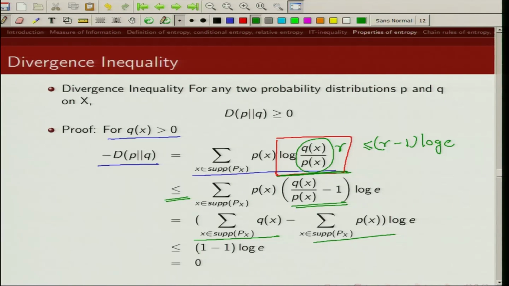This is less than or equal to 1 minus 1, which is basically 0. So what I have shown is that minus of divergence between these two probability distributions P and Q is less than or equal to 0, or in other words, divergence between P and Q is greater than or equal to 0.